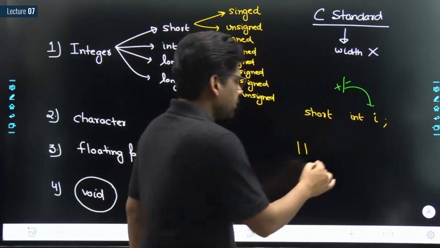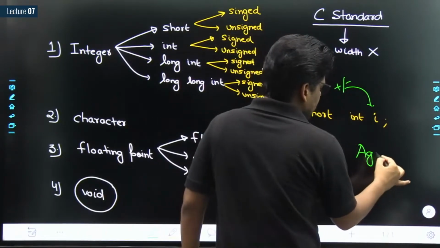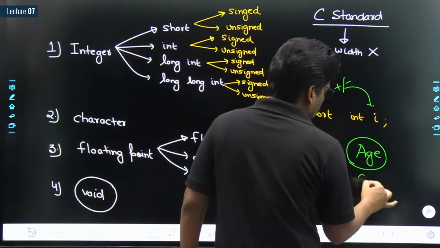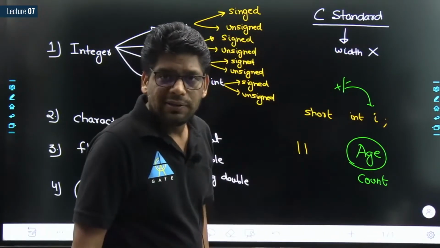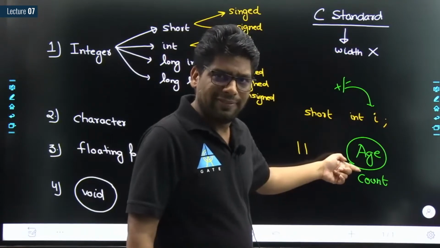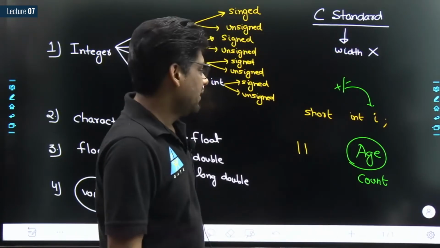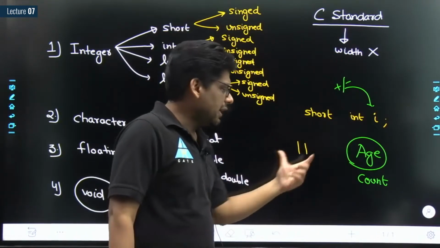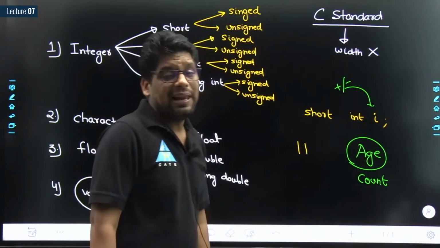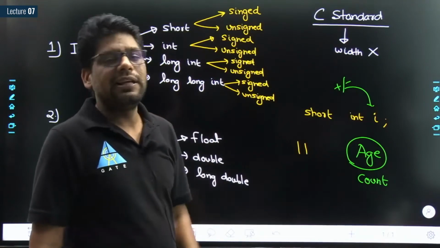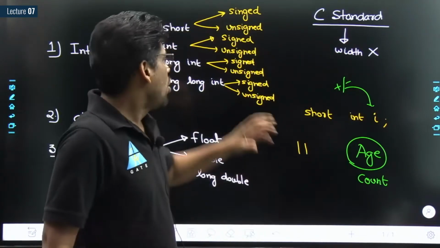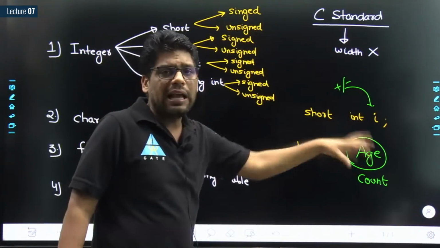For example, a variable named age, or a variable which is counting something, cannot be negative. Then it is better to declare age as unsigned int. Unsigned means there is no sign, so only positive values are allowed.